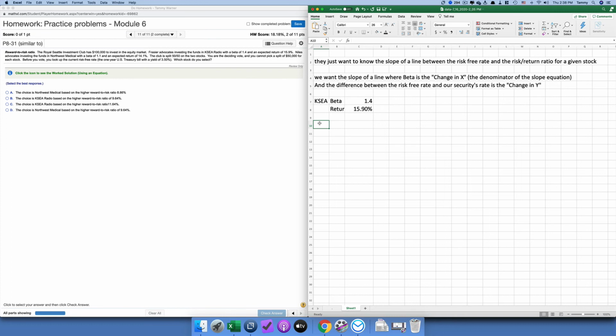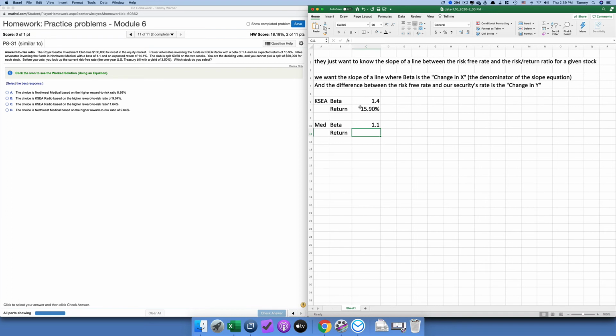And then Niles wants medical, and the beta is 1.1, a little bit less risky, and the return of 14.1. Okay, the risk-free rate is 3.5%.